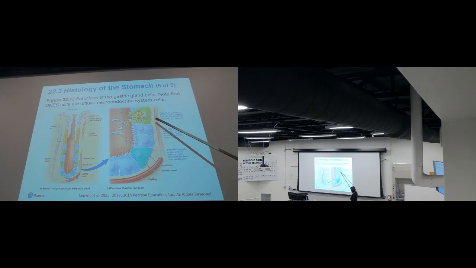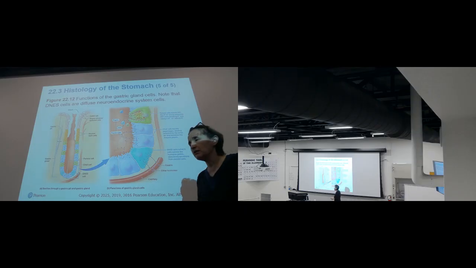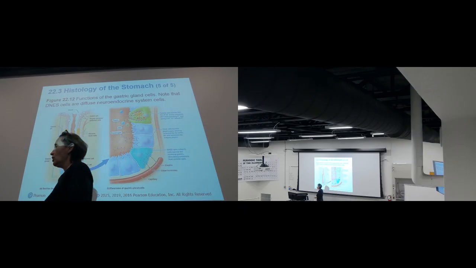And now, the parietal cells also produce the intrinsic factor. The intrinsic factor is a molecule that protects vitamin B12. And this vitamin B12 is necessary for the formation of healthy red blood cells. Without this vitamin B12, you would have something that's called megaloblastic anemia or pernicious anemia.